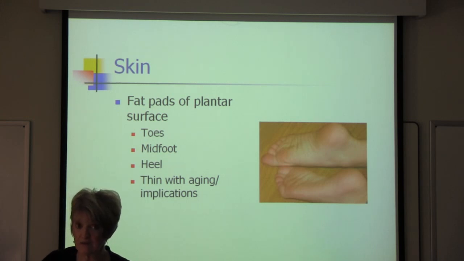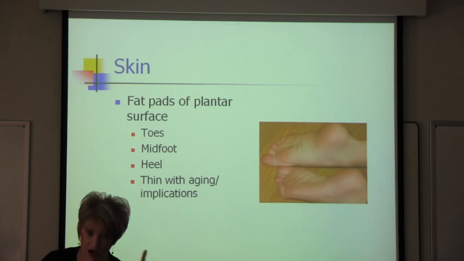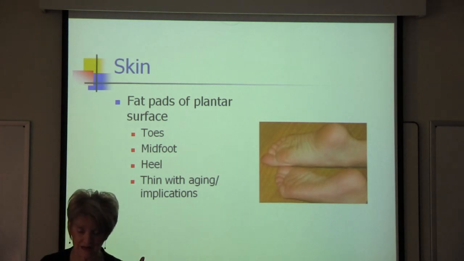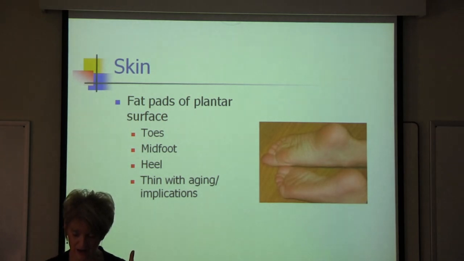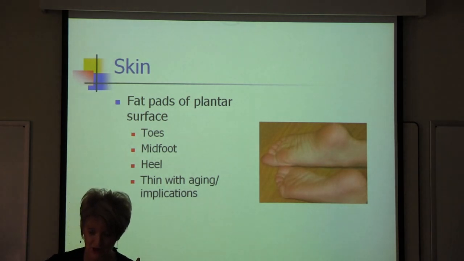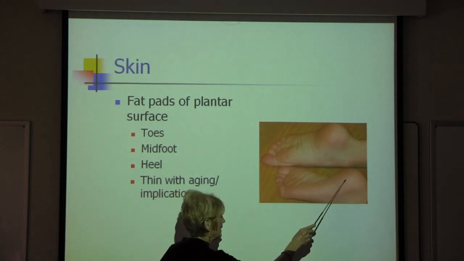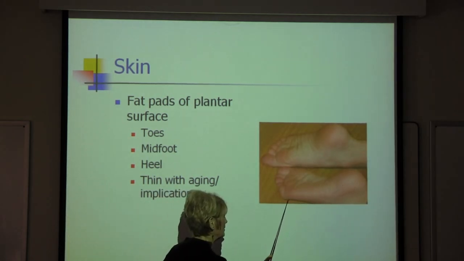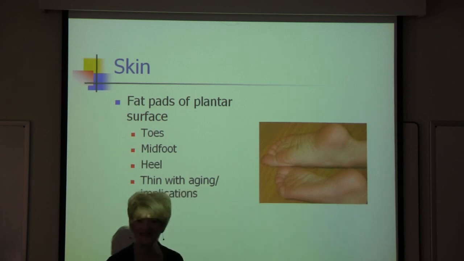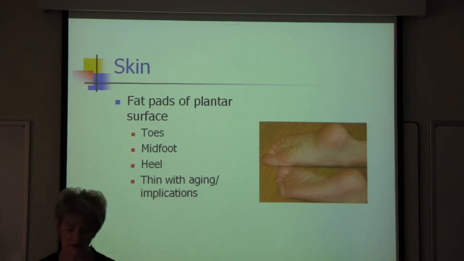And then you roll up to the metatarsal heads, and you've got padding all along the metatarsal heads, and then you toe off. So you do heel strike, up to the metatarsal heads, toe off. Where do you have fat pads? Heel, metatarsal heads, toes. Exactly where you need it.